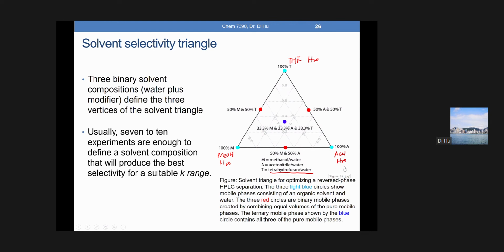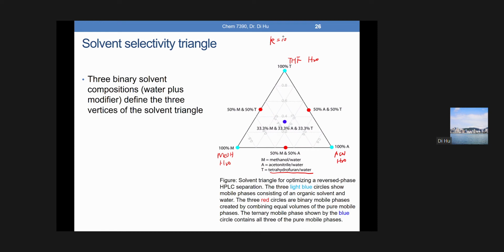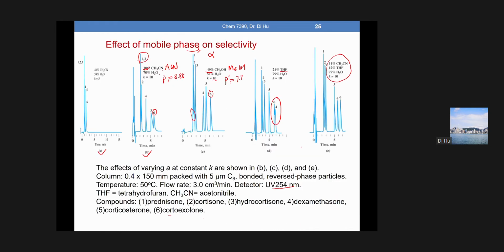This is the mobile phase composition that you can use to achieve K equal to 10 in your previous round. That means for each real case, you have your own T, A, M compositions.